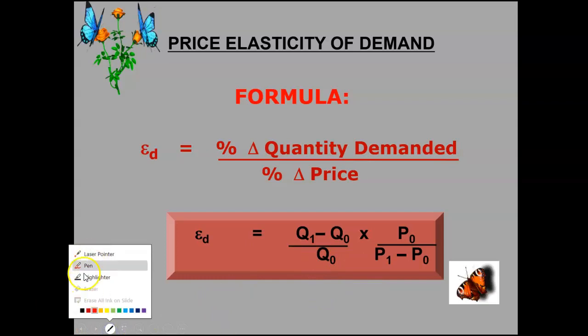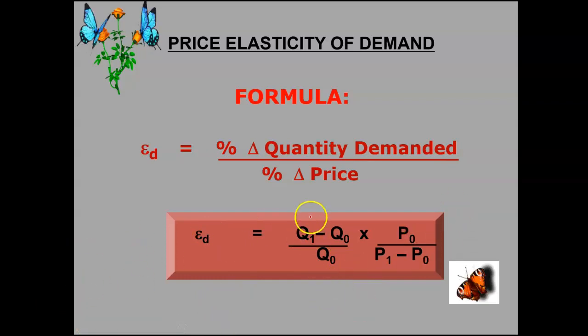Okay, sebenarnya macam ni. I hope that I can draw here. Okay, ED equal to Q1 minus Q0, kuantiti yang lama bagi dengan kuantiti yang lama.